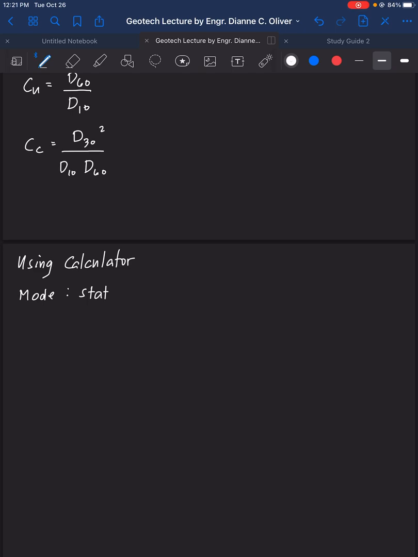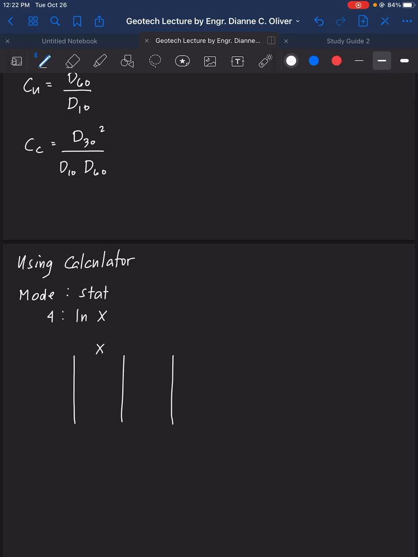Okay. Next, under stat mode, since we are using a logarithmic graph, you are using ln of x. The number 2 there says a plus bx. You can use that for the linear interpolation, but since we are using logarithmic scale, we are using ln x. Okay, so choose ln x. Then you will find another function there. Here, 2 columns.